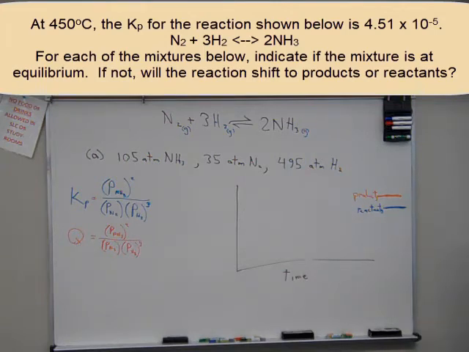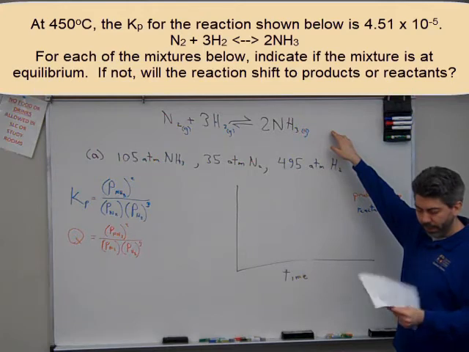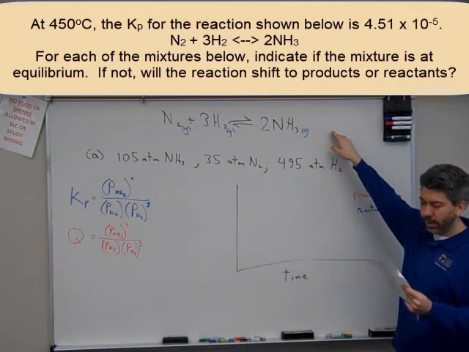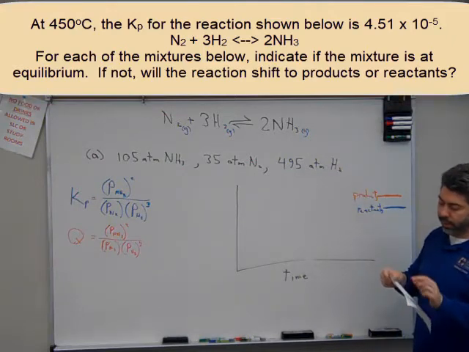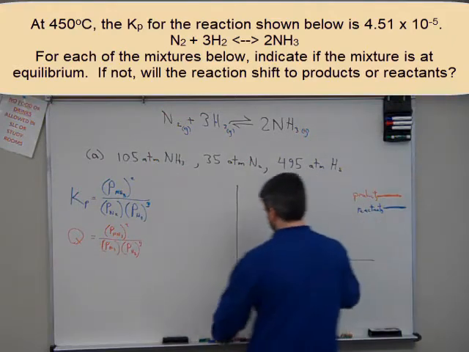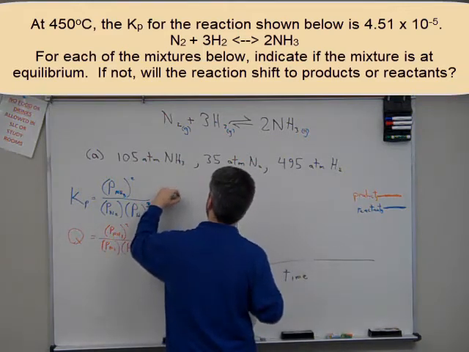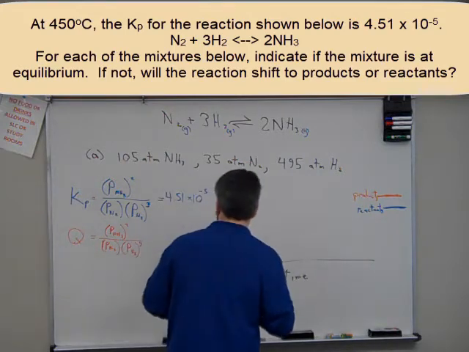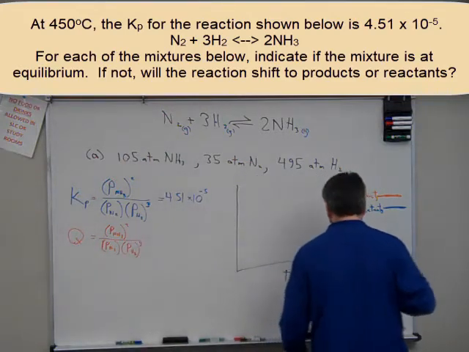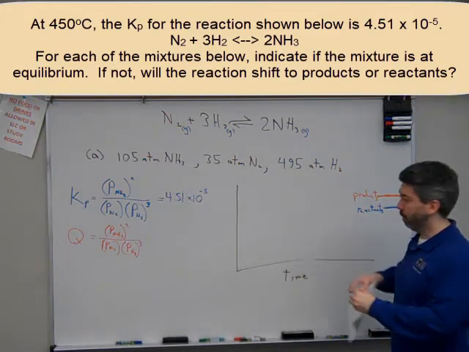In this case, I happen to know offhand that for this particular reaction, the reactants are heavily favored, because the equilibrium constant for this is 4.51 times 10 to the negative fifth. So this is definitely reactant favored. Products are not favored.